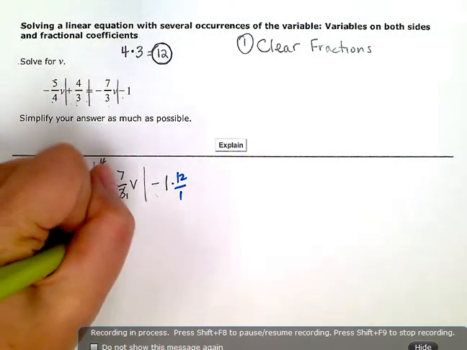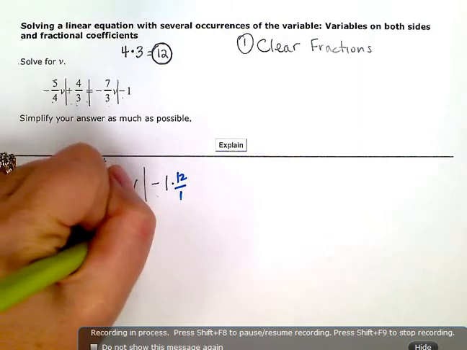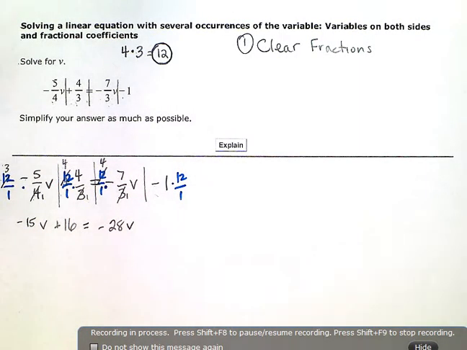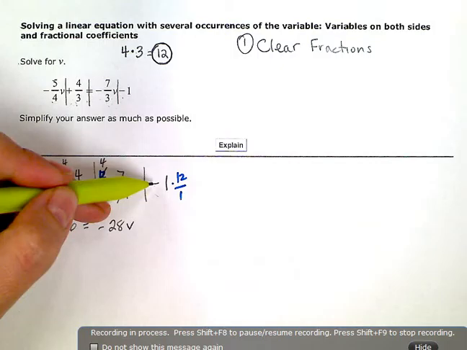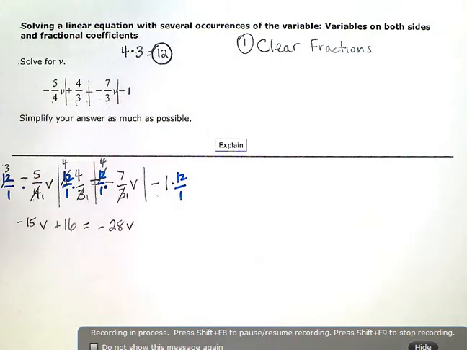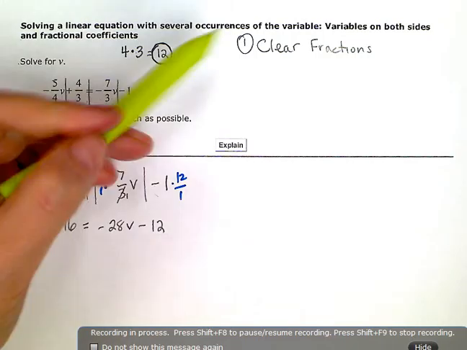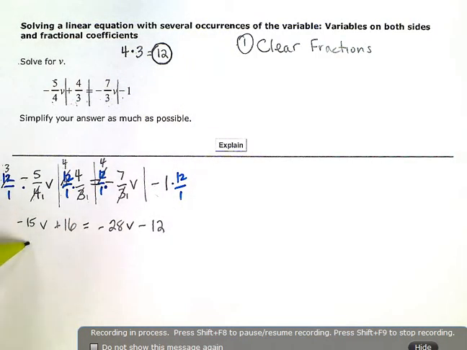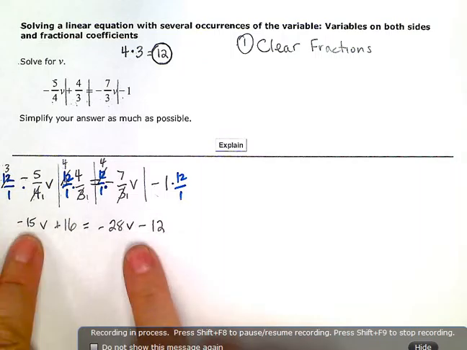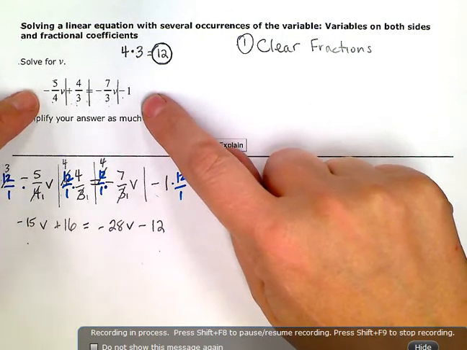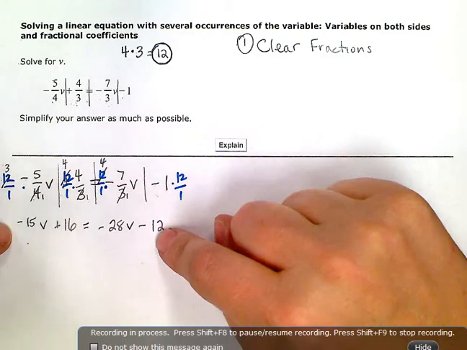So negative 28v, 1 times 1 on the bottom. And then lastly, I just have negative 1 times 12, or just negative 12. So I did step 1. I cleared out all of the fractions. Now I have an equation that is algebraically exactly the same as that one. It just doesn't have the fractions in it.